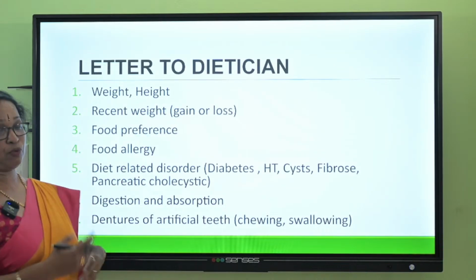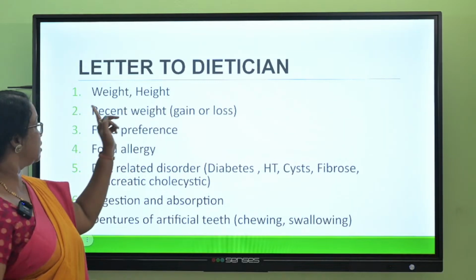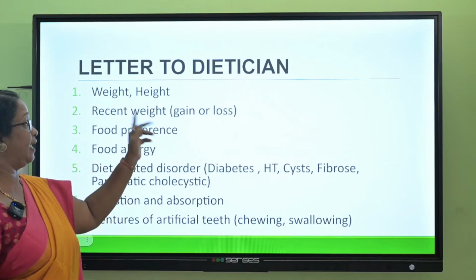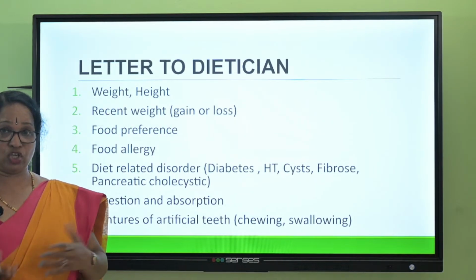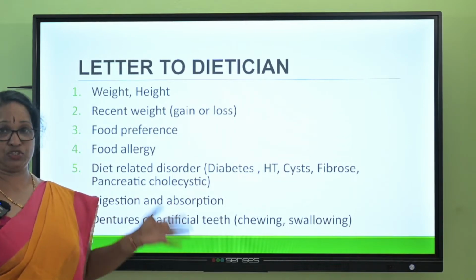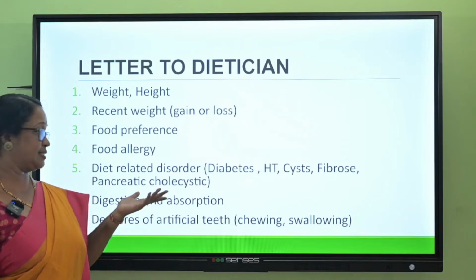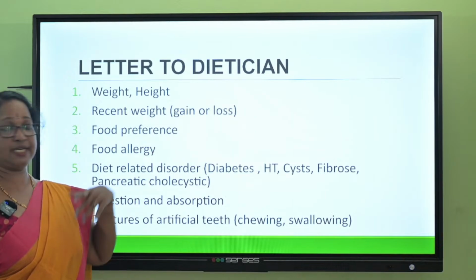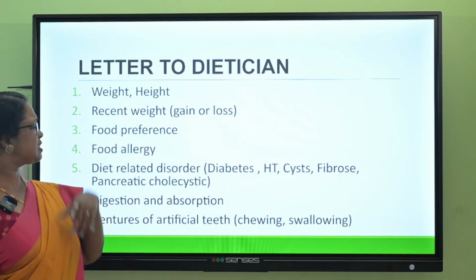You also have to point out from his social history: weight, height, recent weight gain or loss, food preference, whether he is veg or non-veg, food allergy, and diet-related disorders, maybe diabetes, hypertension, cystic fibrosis, pancreatic disease, as well as cholecystitis.